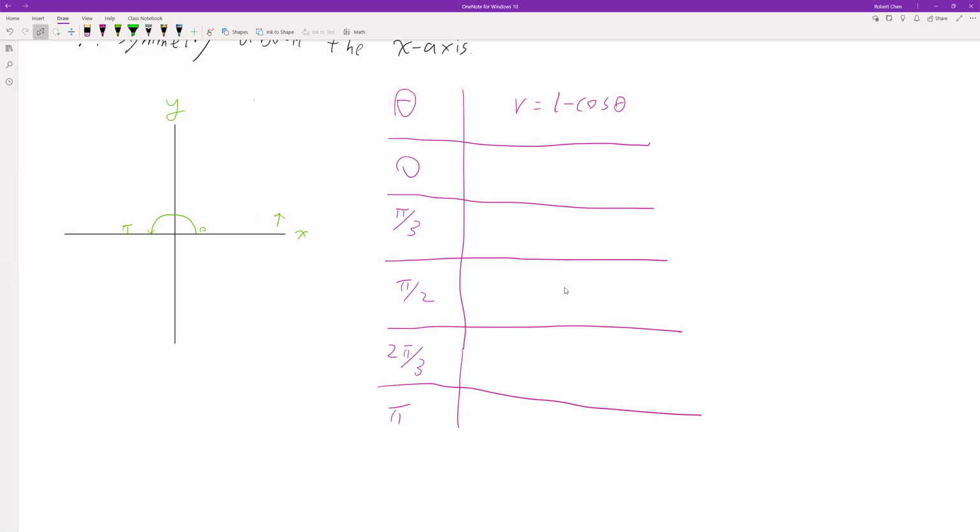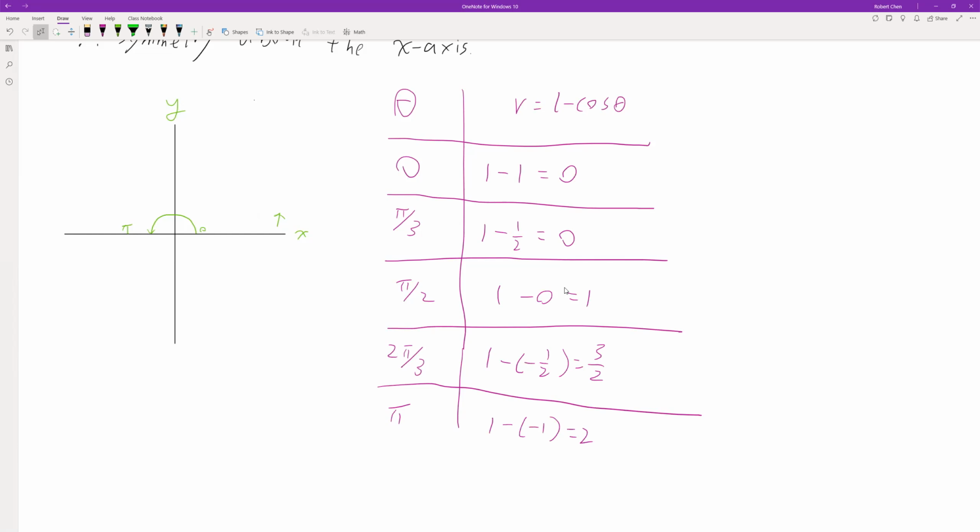Let's fill this in pretty fast. The first one is 1 minus 1, which is 0. Cosine of pi over 3 is 1 half, so 1 minus 1 half. And at pi over 2, it's 1 minus 0, which is 1. At 2 pi over 3, 1 minus negative 1 half, which is 3 over 2. And at pi, we have 1 minus negative 1, which is 2.